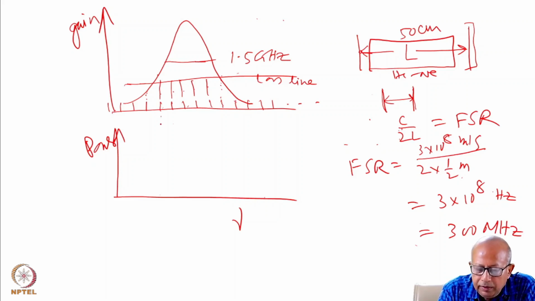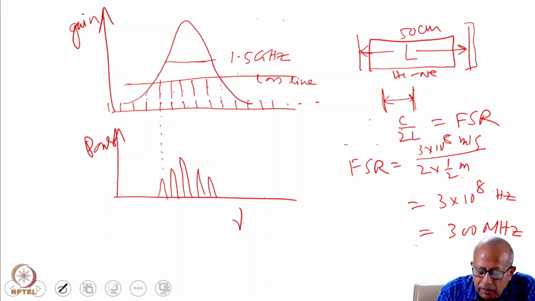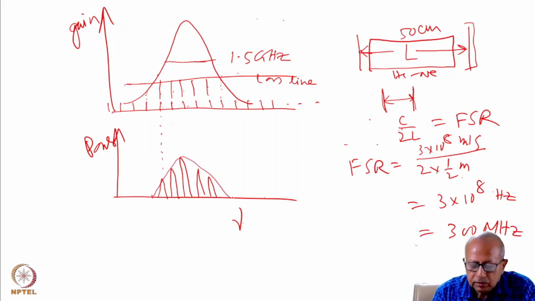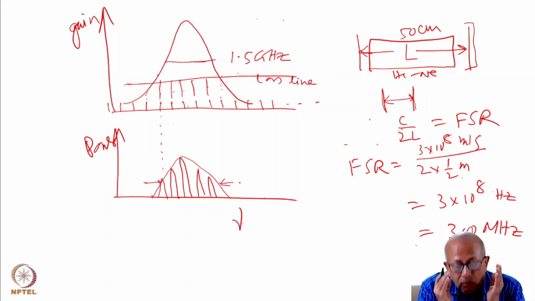The mode with higher power will also give higher output. So there will be lasing on all these 5 modes, and so the emission feature of the laser looks somewhat like this. It is a multi-mode laser, and the emission width of the laser is pretty high. So it is not a very highly monochromatic laser.